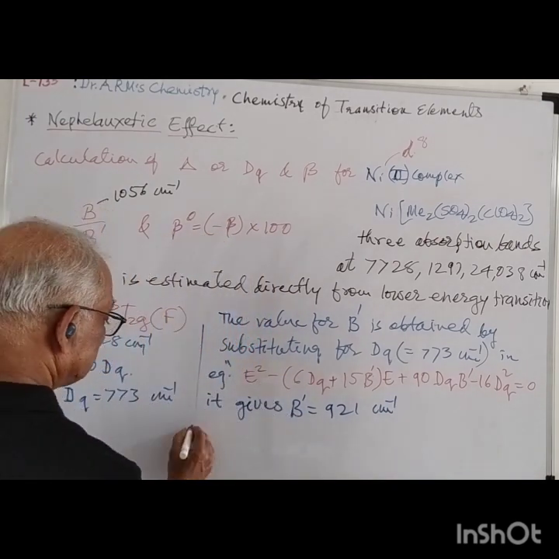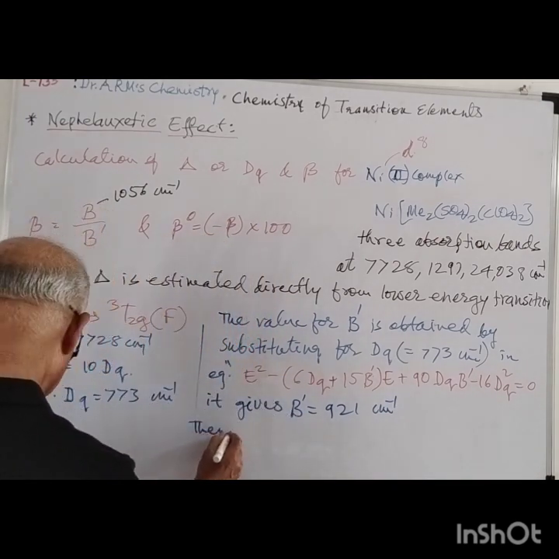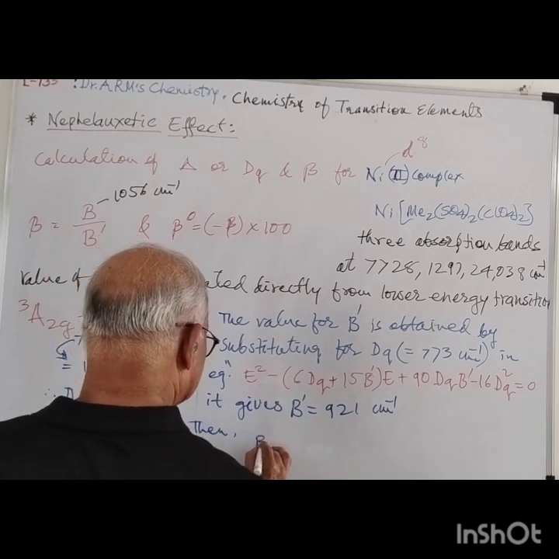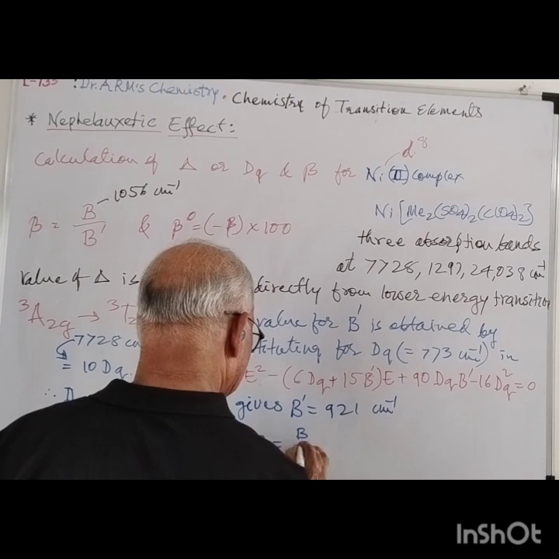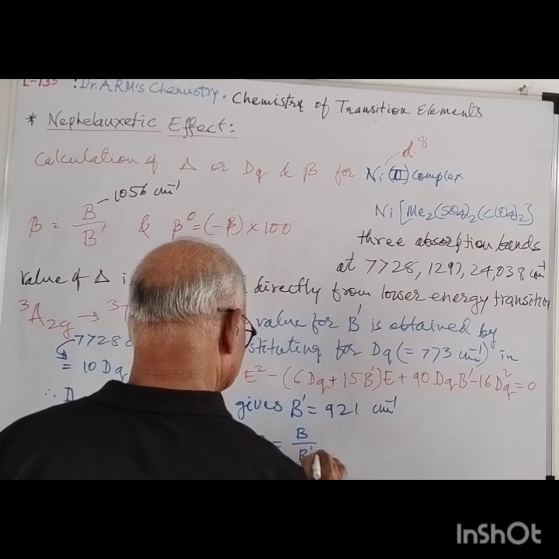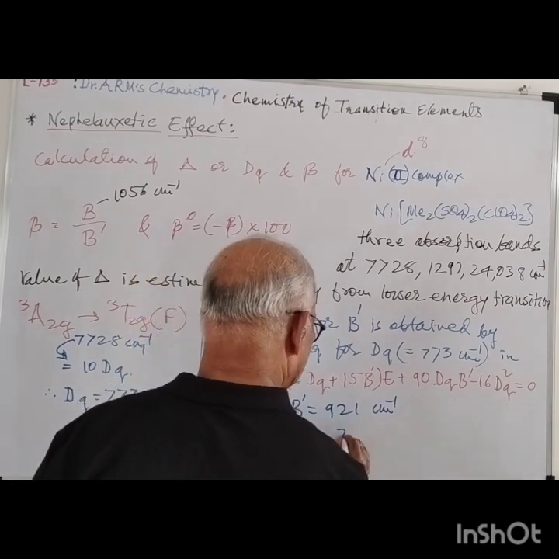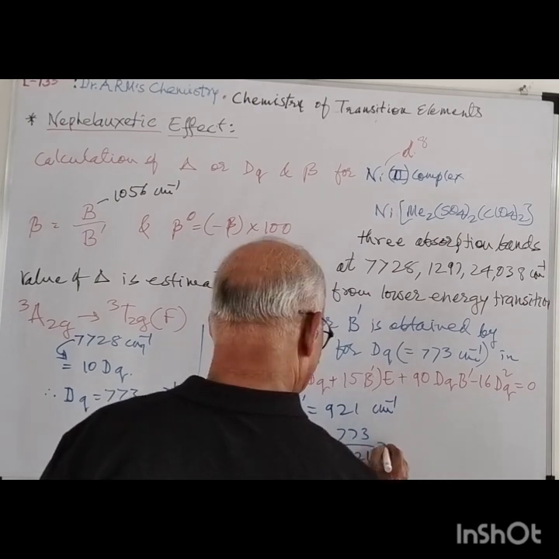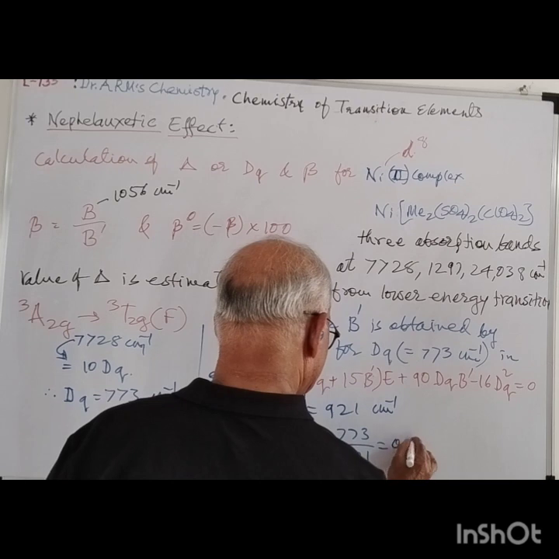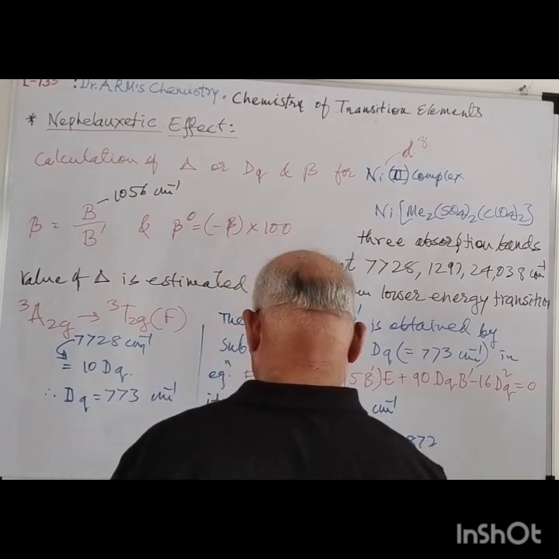Then we can get this beta, that is B upon B prime. This is equal to 773 upon 921, and it is 0.872.